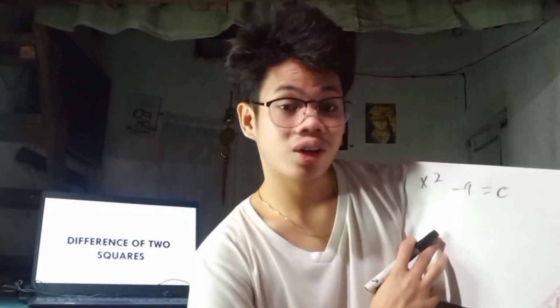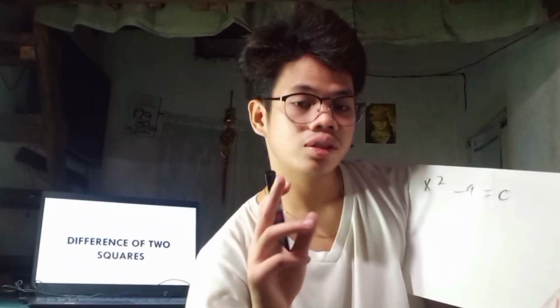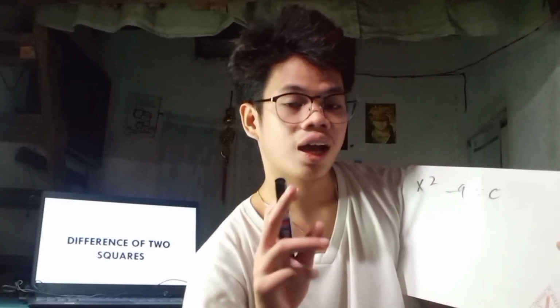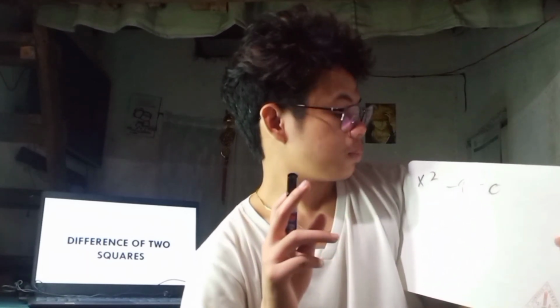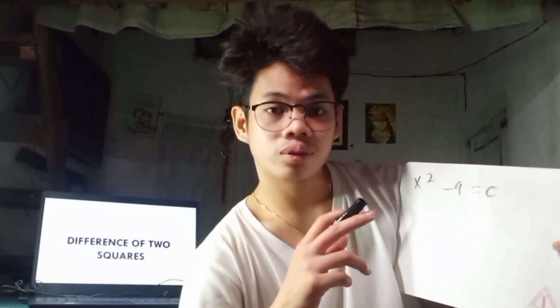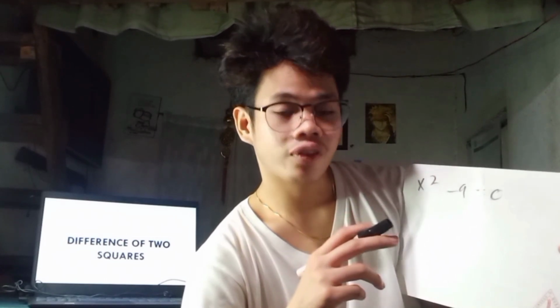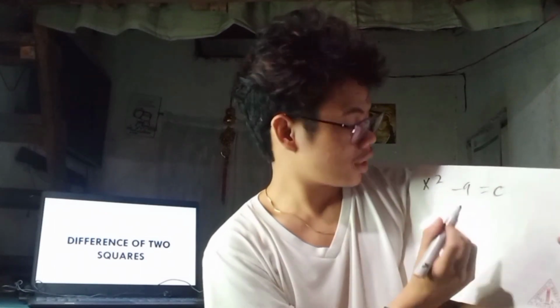So, since I already have a quadratic equation, the first thing we have to check is to make sure the first term and the second term are perfect squares. So the first term is a perfect square. The second term is a perfect square.